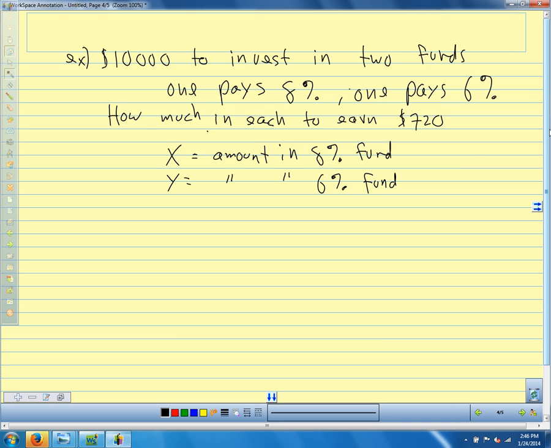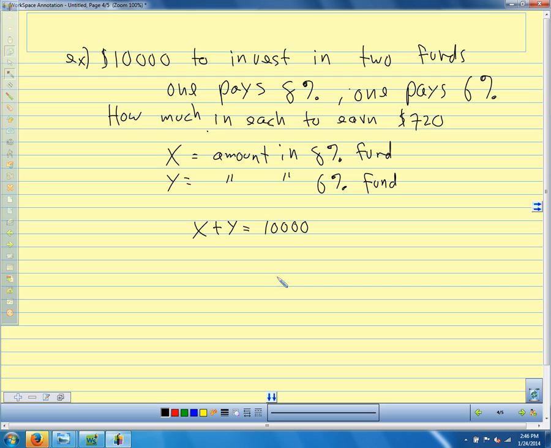So how are we going to set this up? Well, the total amount of money we have is $10,000. So how can we write an equation for that? X plus Y equals $10,000.